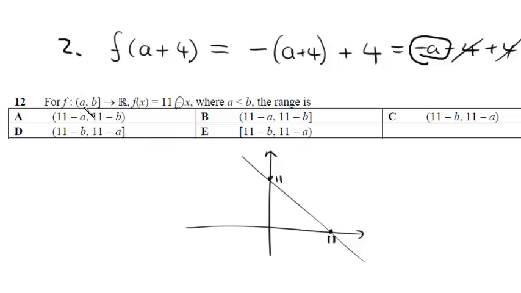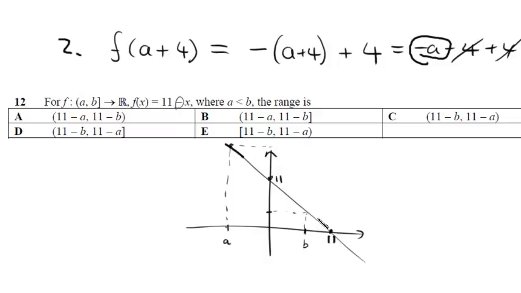And whatever this is, let's suppose that a is somewhere here, and let's suppose that b is somewhere here. So we don't really know where a and b are because they're not defined. But we can figure out this value here, and we can figure out this value here.